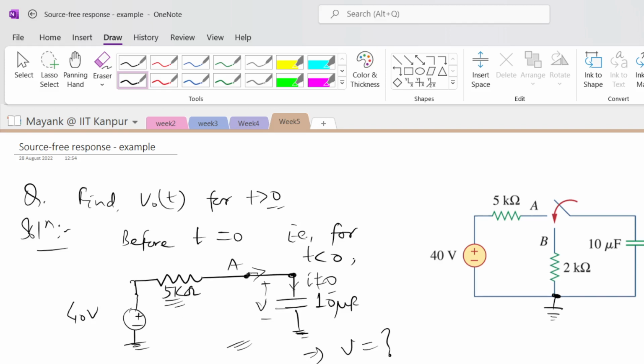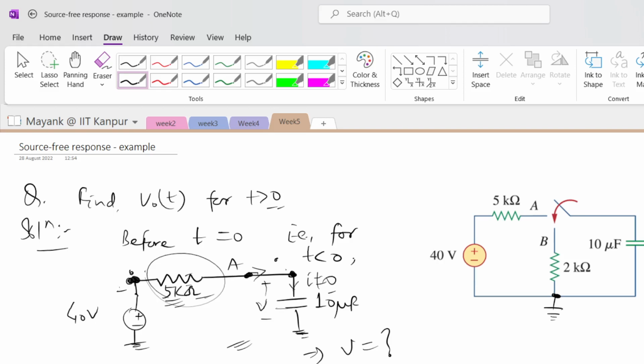Whatever voltage is at this point, the same voltage should be at this point also, because if there is a mismatch, a net voltage would develop across this 5 kilo ohm resistor, and that would cause a net current to flow through this resistor, which is not possible in DC steady state. Hence the voltage here and the voltage at this point are both the same.